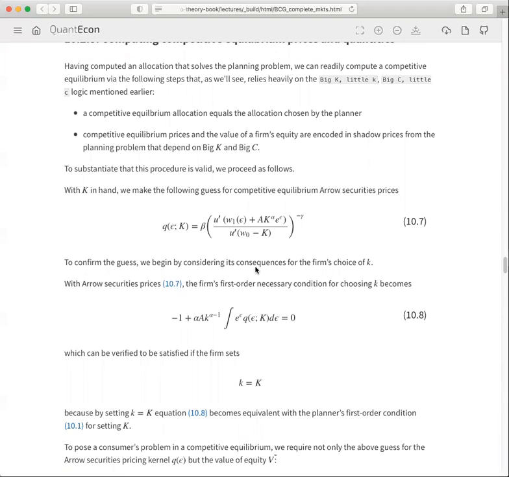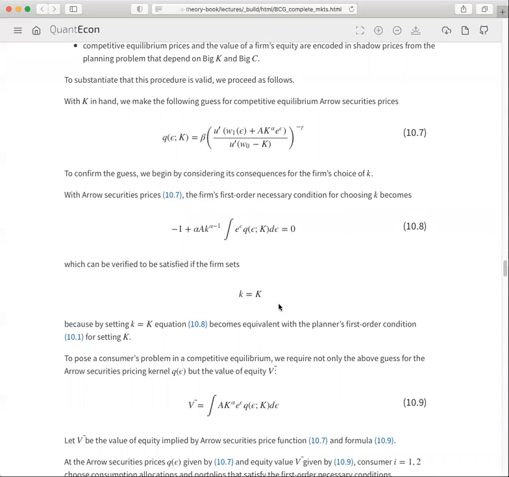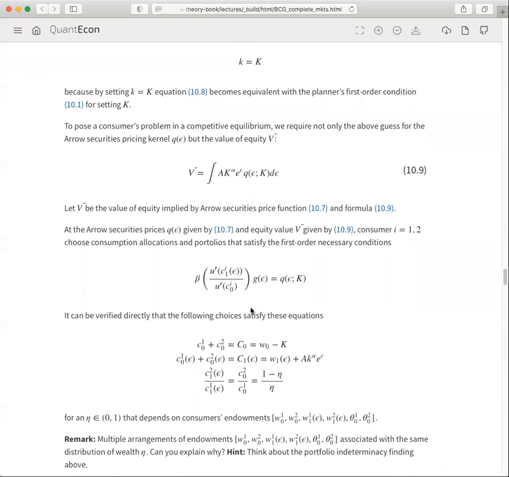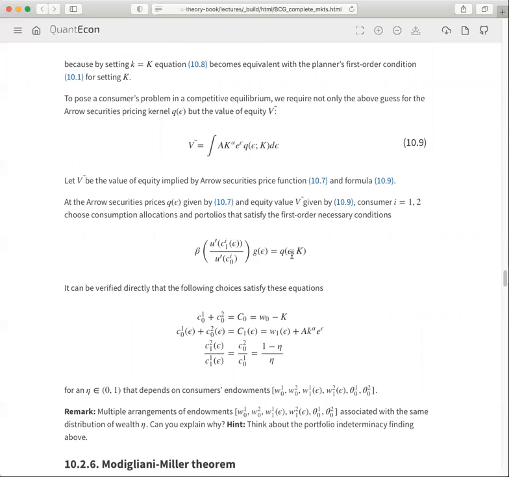And to do that, we use a big K, little k argument. So here's how we do it. We get our formula for Q. Once we have our formula for Q, we set K. And then the final step is we verify that all the necessary conditions for a competitive equilibrium hold when we plug in those prices. So that's what we've done here.